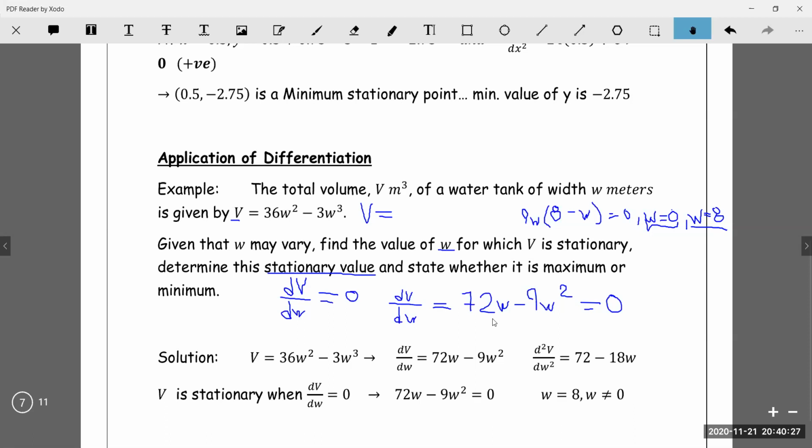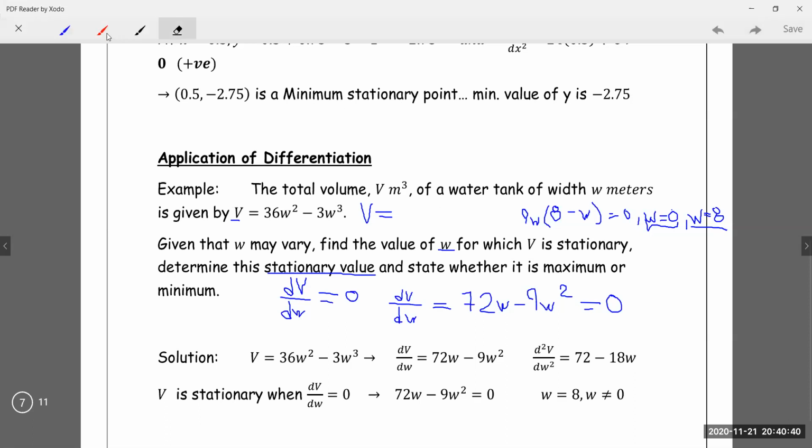So we differentiate this to get d2V over dW squared. And what does it equal when you differentiate this? 72 minus 18W. Very good. So that's d2V by dW squared.